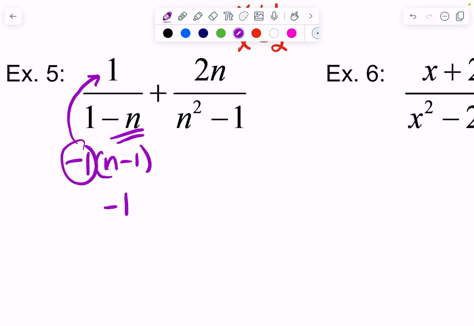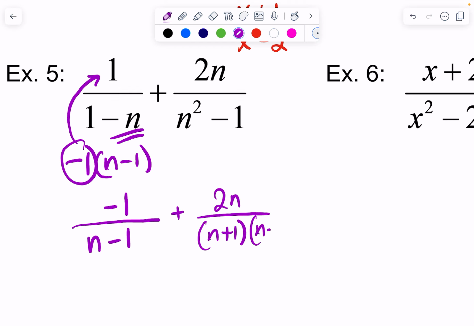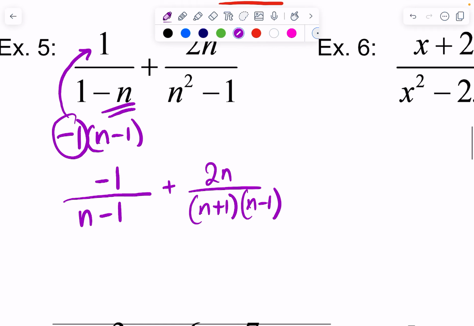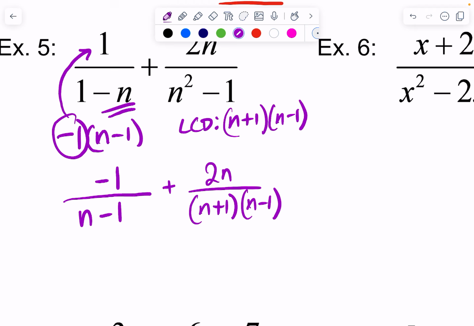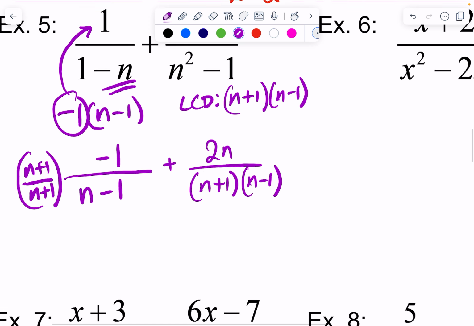So I've got negative 1 over (n - 1) plus 2n over (n + 1)(n - 1). My LCD here is (n + 1)(n - 1). So I'm going to multiply my missing n plus 1 to the numerator and denominator of the first rational expression. The second rational expression is already set up with the LCD.